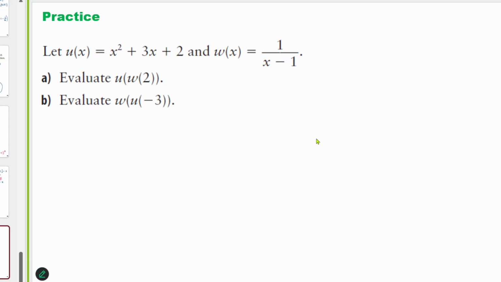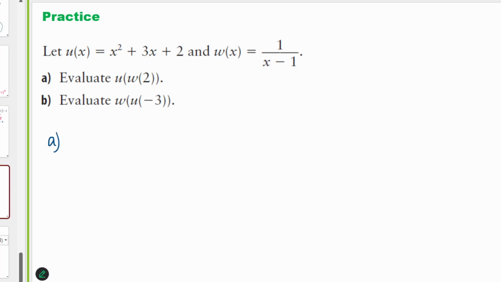The first one is 5 equals 5. Why? Because you first do w(2), which is 1 over 1, and then you insert it into u. So first we can evaluate w(2), right?